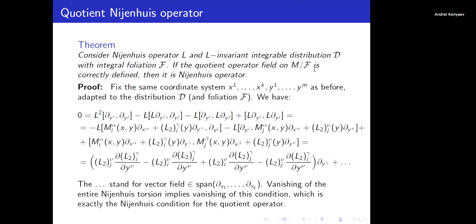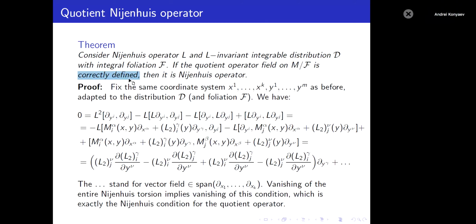No. You have three independent conditions. One condition is that the operator is Nijenhuis. Second is that the distribution is L-invariant, invariant under L. The third condition is that the quotient operator is correctly defined.